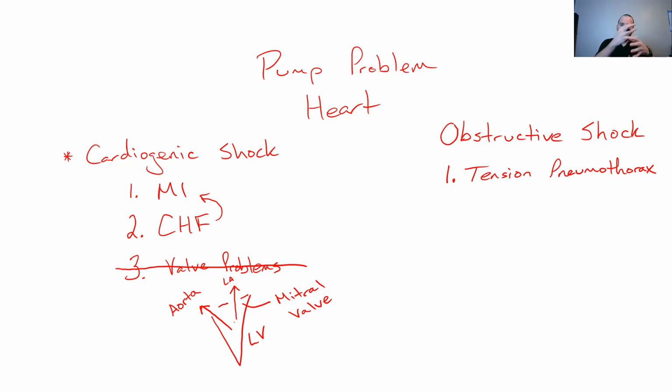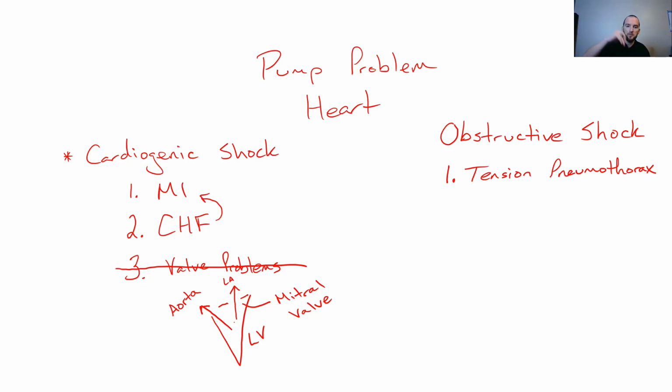And so the heart and the aorta and the vena cava all get squeezed and compressed by all this air pressure that's building up inside the chest. And so when we start squeezing on the vena cava, we're restricting the amount of blood that's coming into the heart, and that air pressure constricting on the heart means that heart's not going to be able to pump out much blood in the forward direction.